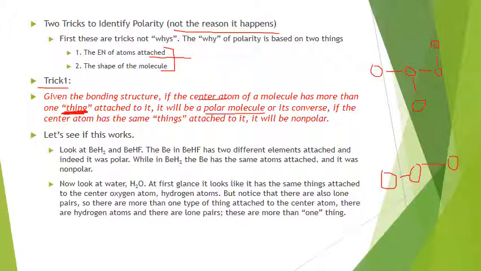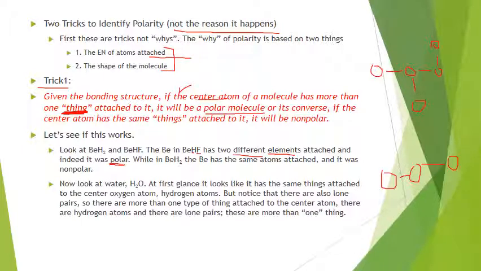So let's look at that, see if it works. We saw BeH2 and BeHF. BeHF has two different elements attached. It has an H and an F. And we saw that it's polar. So it has two different types of atoms attached, and it was polar. So this so far is true.